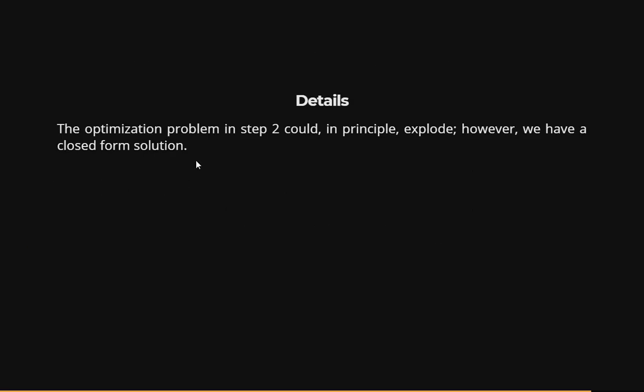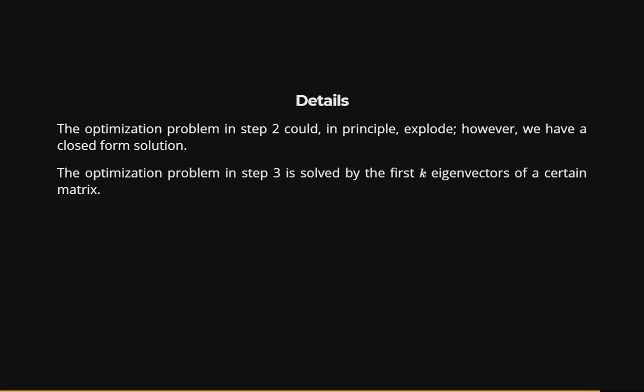Why? The optimization problem in step 2, so finding the weights, in principle could explode because the weights could be positive or negative, and you just have a linear condition on them. But you have a closed form solution, so you can write down the solution in terms of gram matrices. You can write everything down, so it's easy.